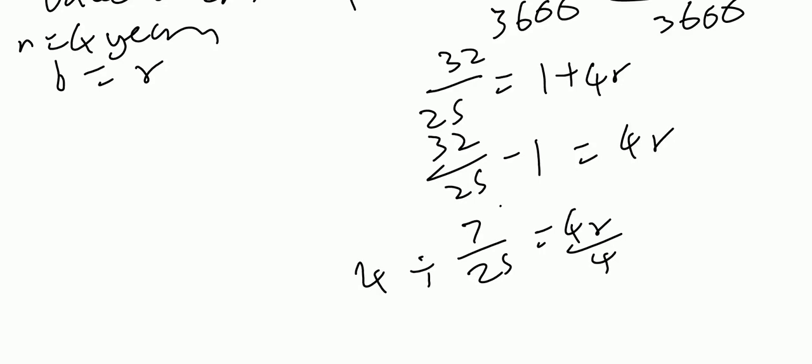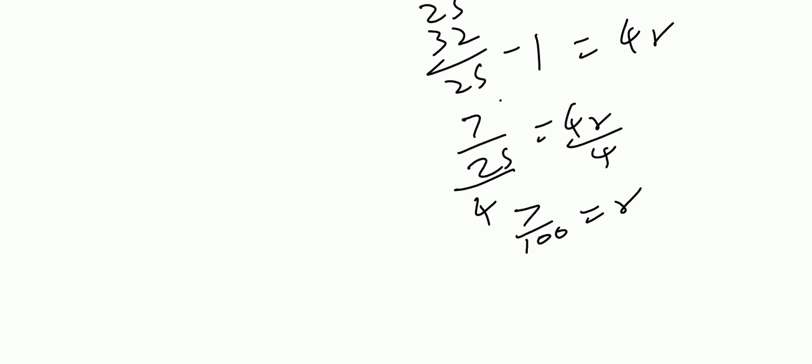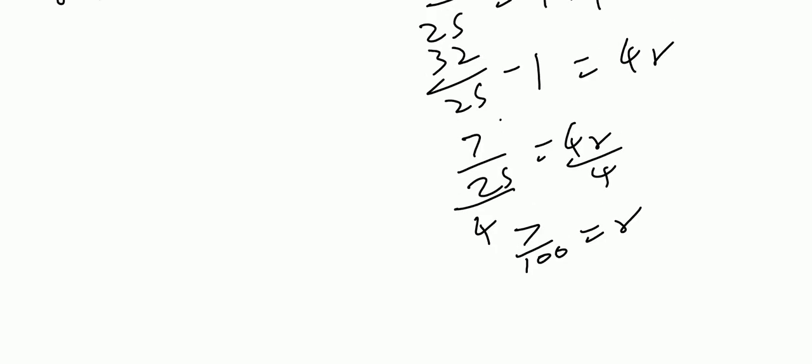We are going to have 7 over 100 is equal to R. But remember, we must multiply by 100 to get the percentage, since we are looking for the percentage, which is our R. Then our R is 7%.